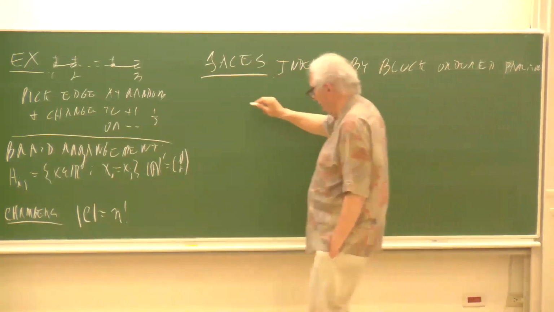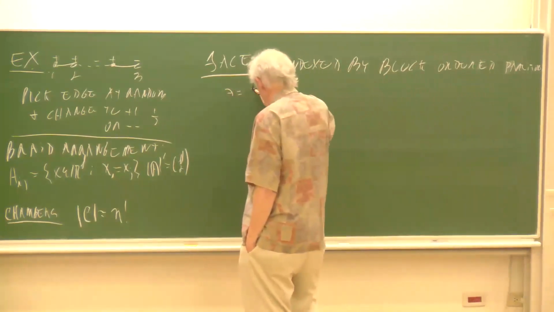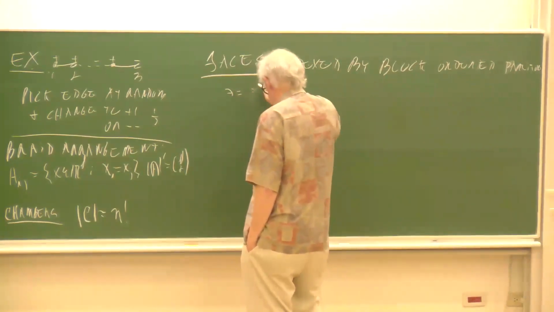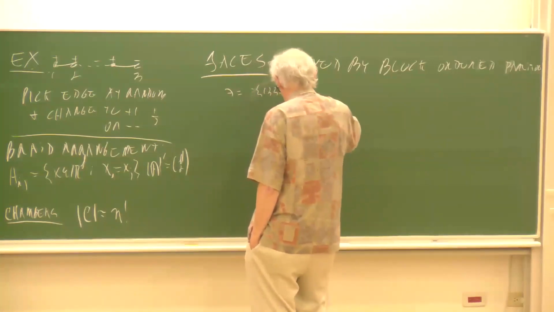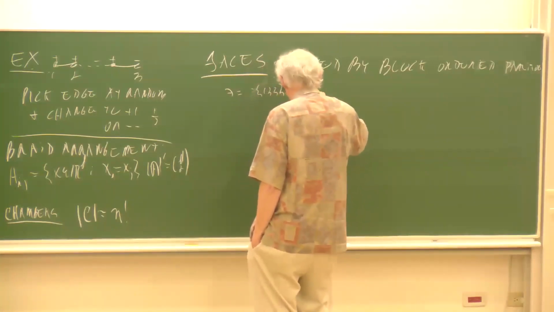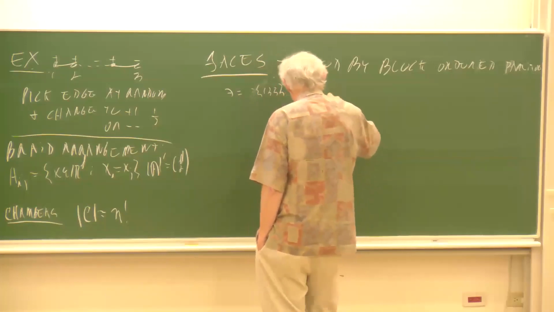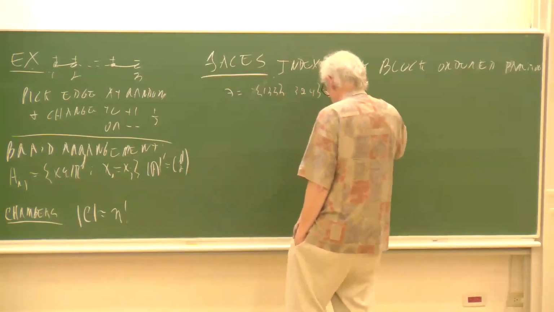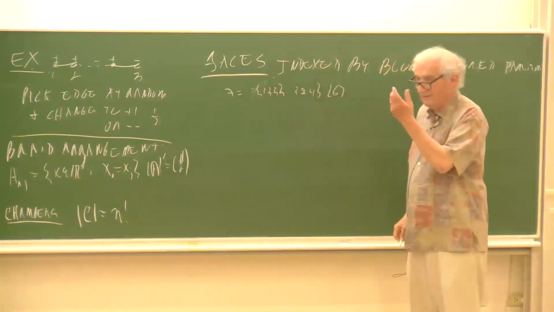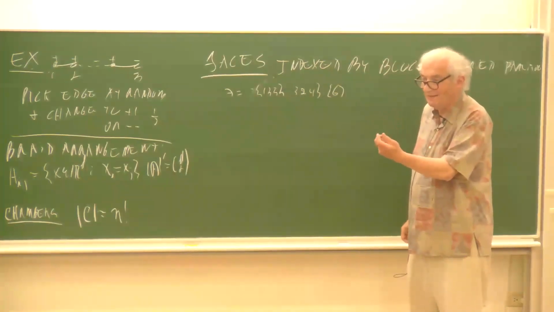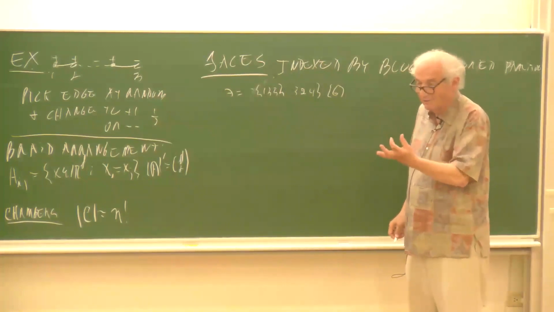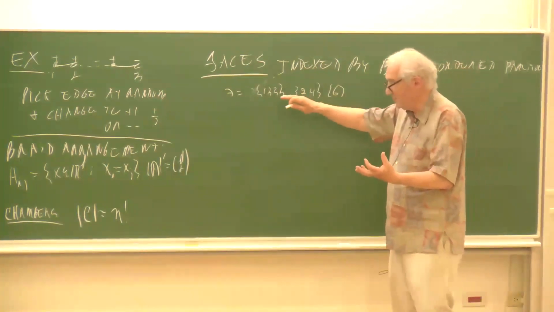So lambda is equal to, for example, {1, 3, 5}, {2, 4}, {6}. It's a partition of 1 up to d into disjoint blocks. So it's a set partition, but the blocks are ordered.